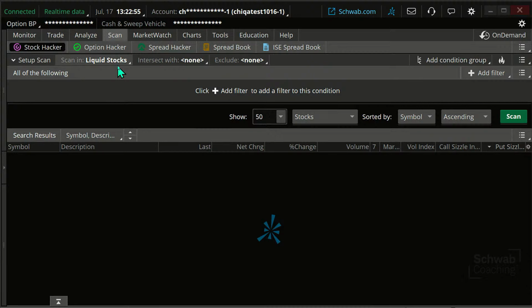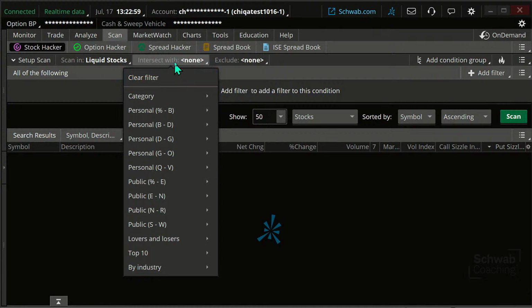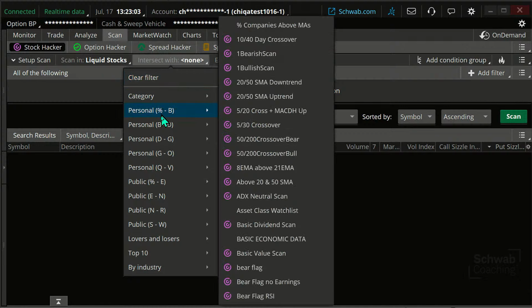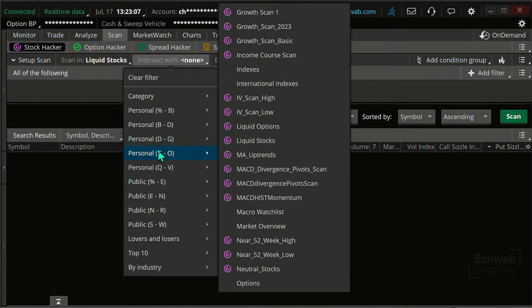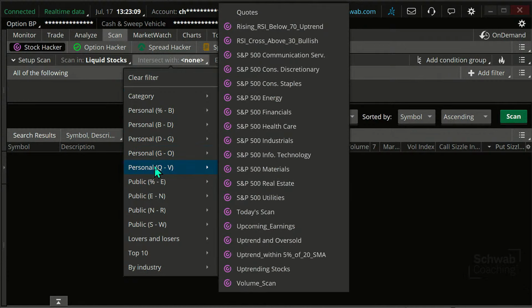The general principle, though, is when you're creating scans and you click on these, feel free to look here at your personal scans that you've already created before and embed them in this scan. Let me give you an example here. I took a little time at one point and I just created scans for each of the 11 sectors of all the stocks that are in the S&P 500. Why?